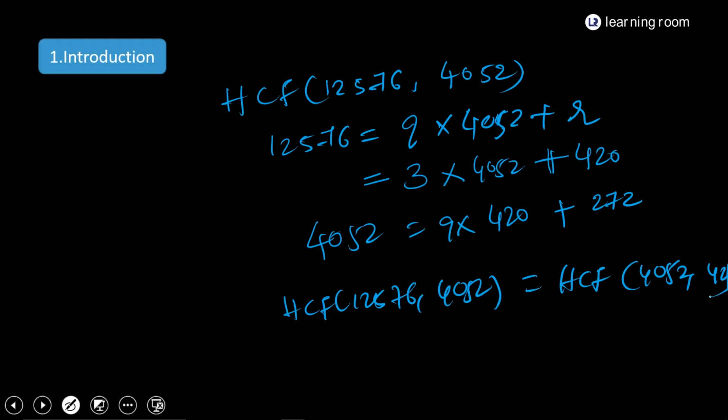I think that 12576 and 4052 has a factor which is 4052 and 420. But it can be a factor, but we are saying the HCF of both of them is the same, right? It's not just a factor, but we are saying the HCF of both of them is the same.